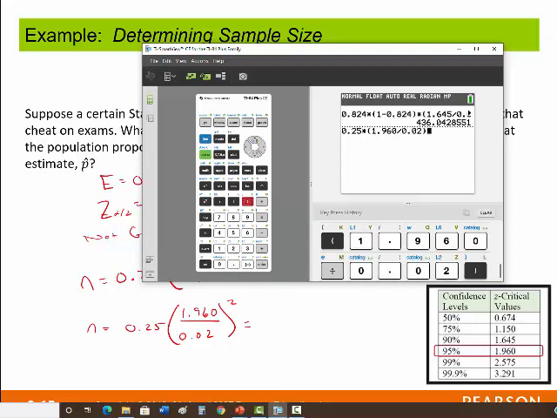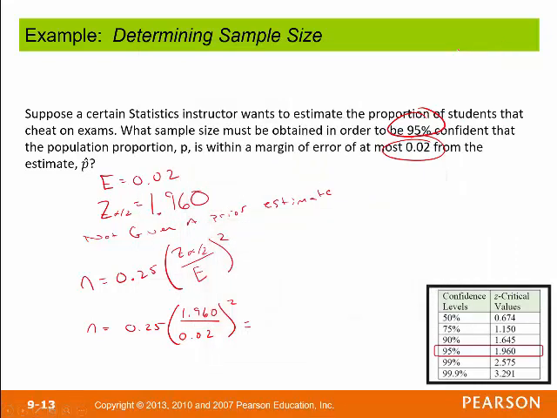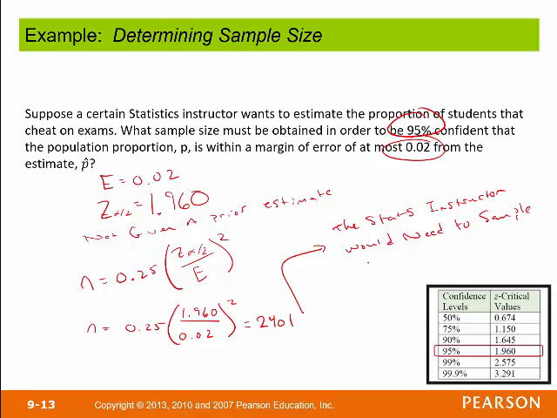Close the parentheses, then square it. And this comes to 2,401 students. So the stats instructor would need to sample 2,401 students, so that the margin of error would be that 0.02.